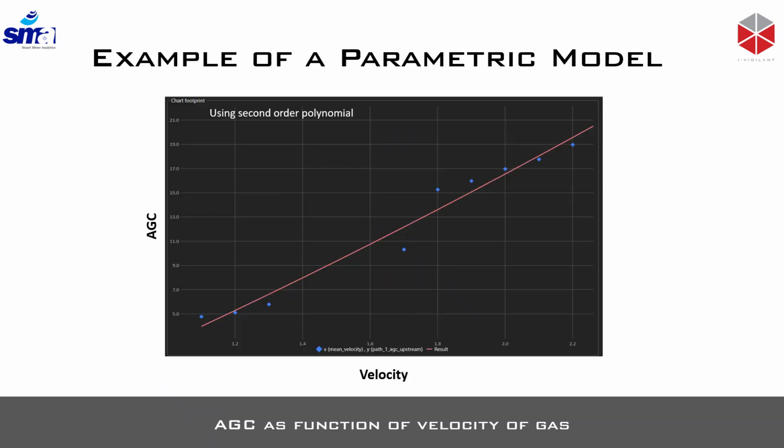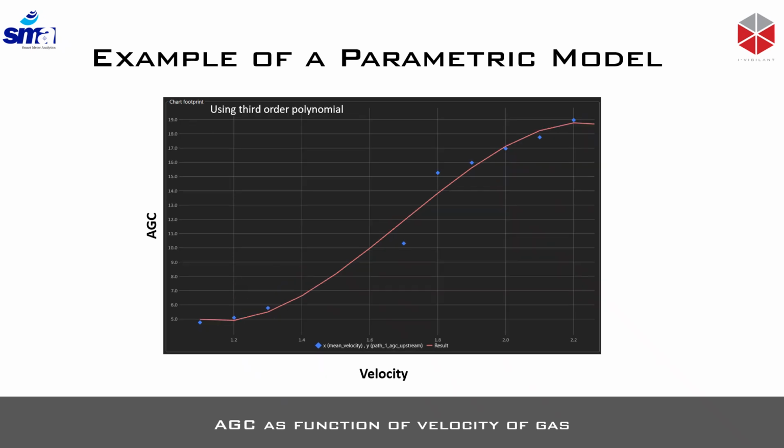Okay, when we model this data, if we were to use the model only based on the velocity of gas, we got a result that looks like this on the pink line. And this is actually using a second order polynomial. If we were to use the third order polynomial, the result will look like this.